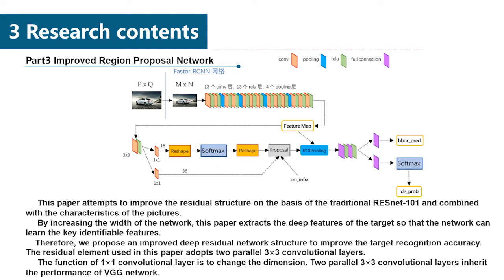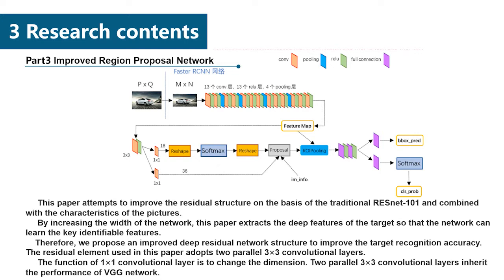Therefore, we propose an improved deep residual network structure to improve the target recognition accuracy. The residual elements used in this paper adopt 2 parallel 3x3 convolutional layers.